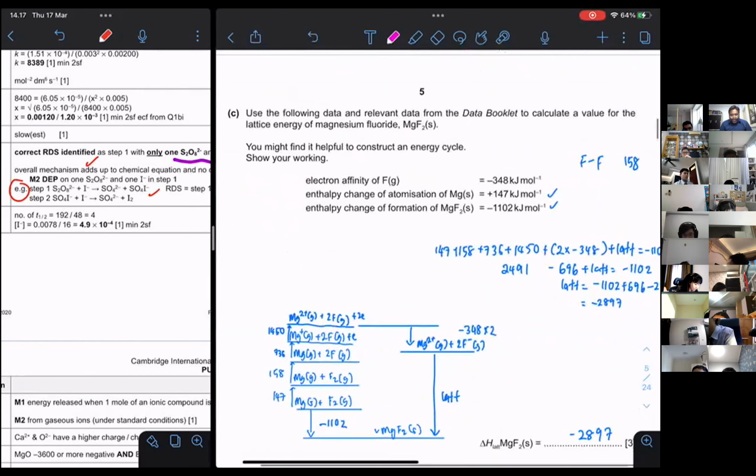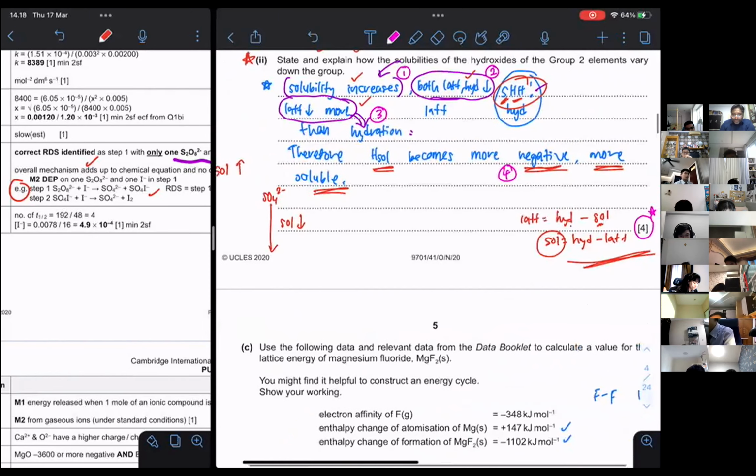Now, use the following data and relevant data from the data booklet. So I took some data from the data booklet also for you. For Christopher, with sulfate, are both lattice and hydration increasing? No, Christopher. Do remember, lattice energy and hydration are going to decrease. Both of them will decrease because for sulfate and hydroxide, as you go down the group, the radius of the cation is increasing.